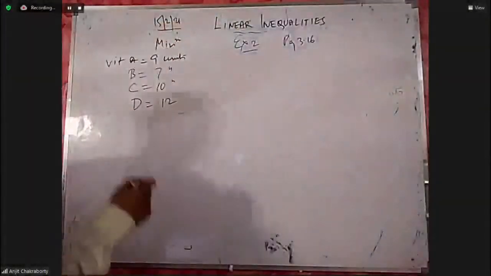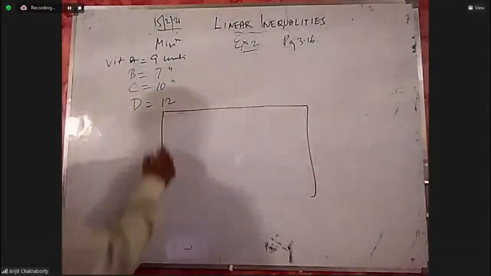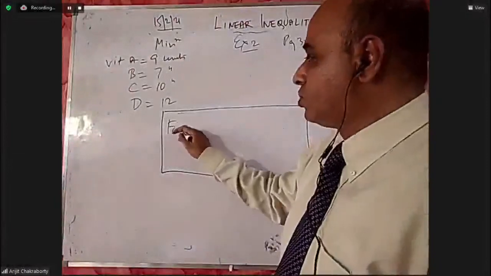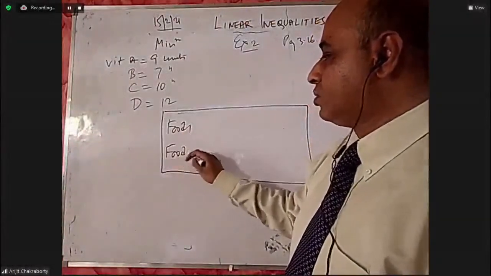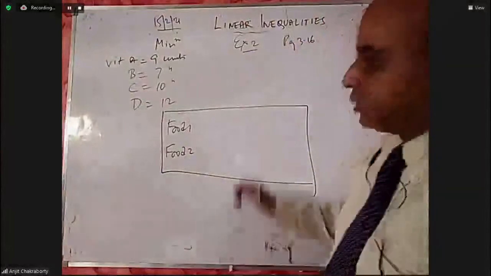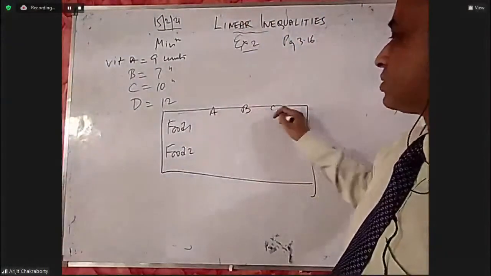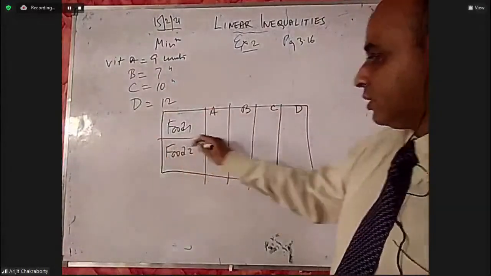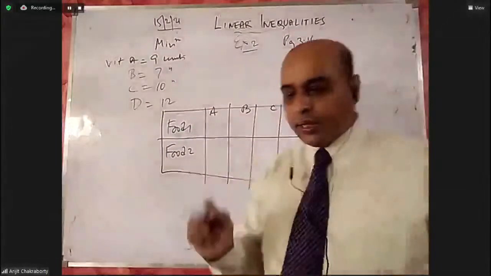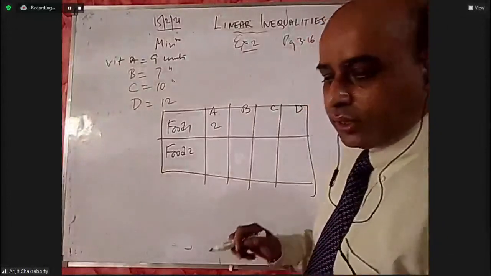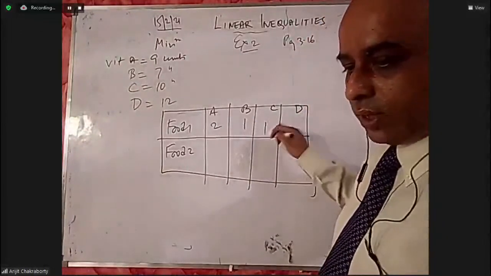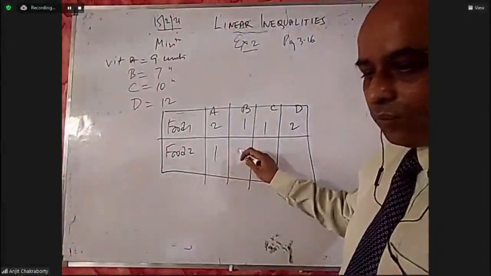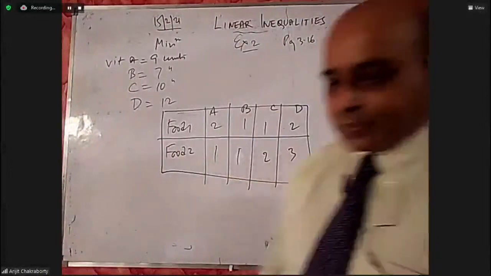So we have food 1 and food 2, and the 4 vitamins A, B, C, and D. I'll just create a table. Food 1: A is 2, B is 1, C is 1, and D is 2. Food 2: 1, 1, 2, and 3.